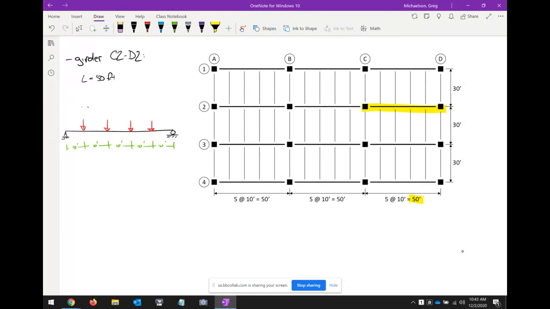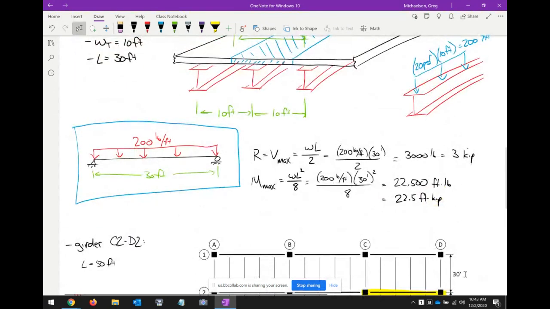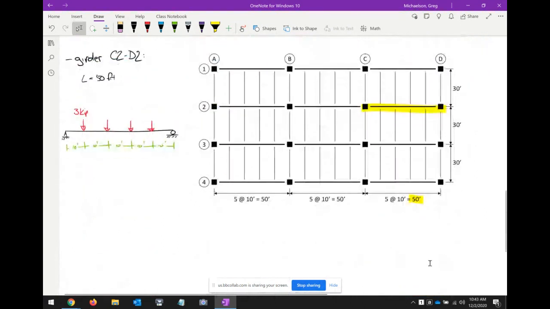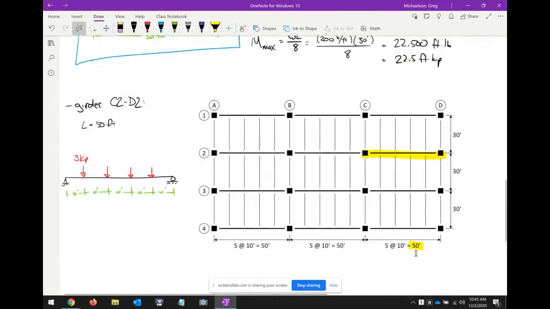So are you saying then that it's 3 kips? Because that's what we got up here, right? Well, the beam that frames into it, we used WL over 2 and we got 3 kips. So my question is, is it 3 kips?